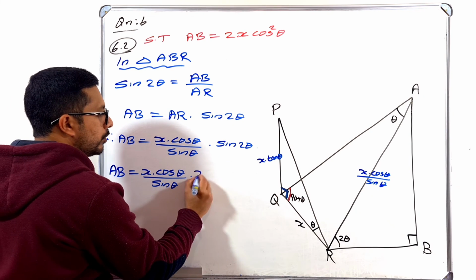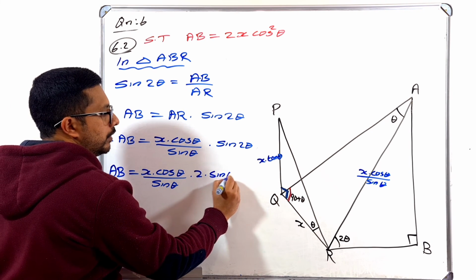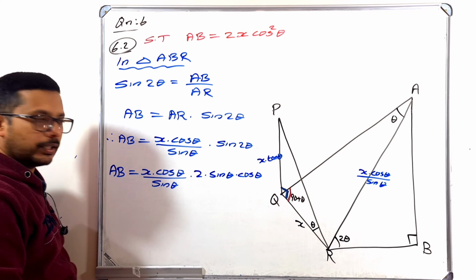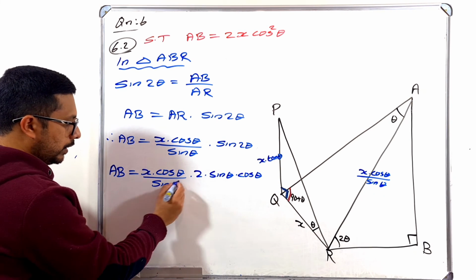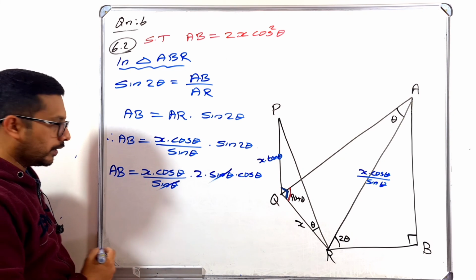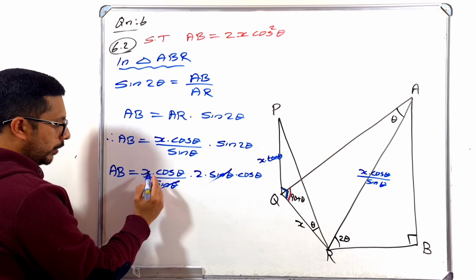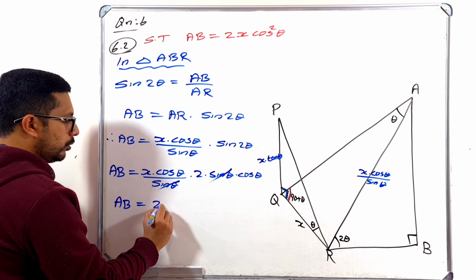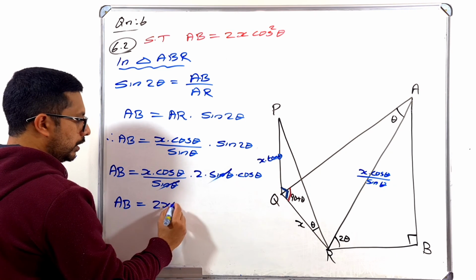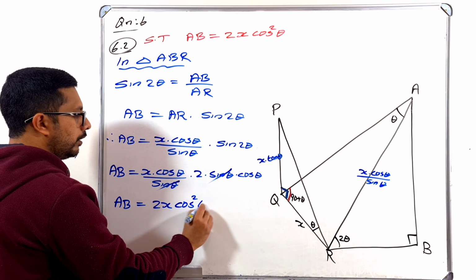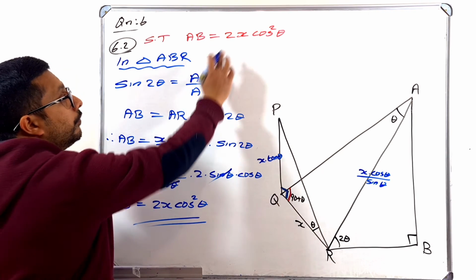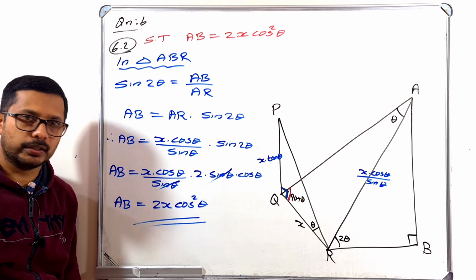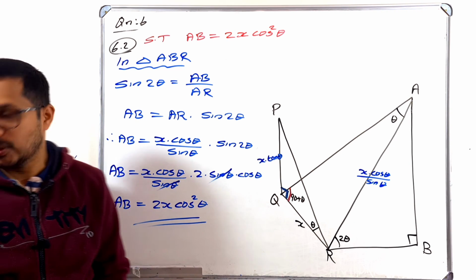Okay, so now this sine theta and sine theta we can cancel. 2 into x, that is, AB is equal to 2x, cos theta into cos theta is cos square theta, and that is what we want to prove. AB is equal to 2x cos square theta. Okay, so that is question number 6.2.